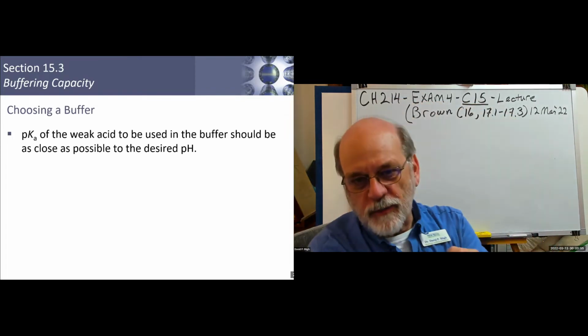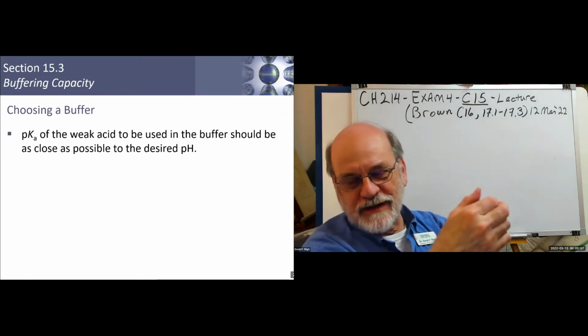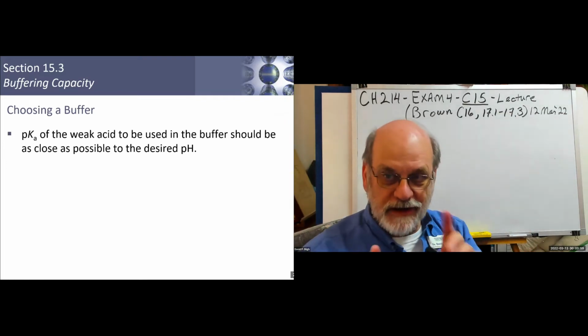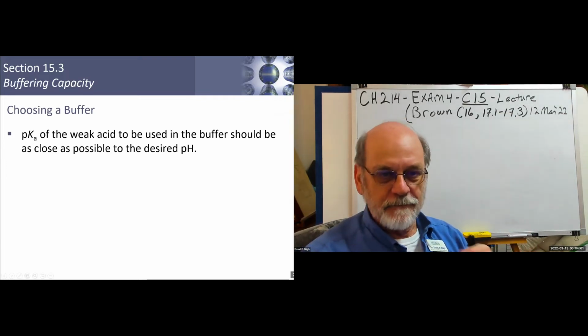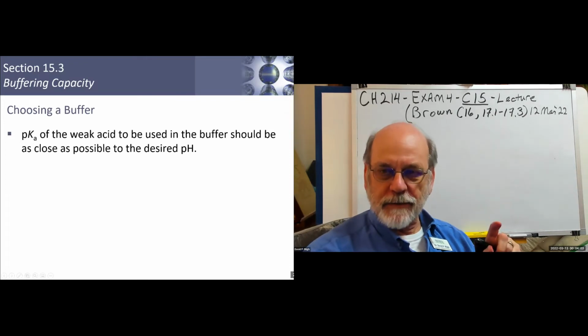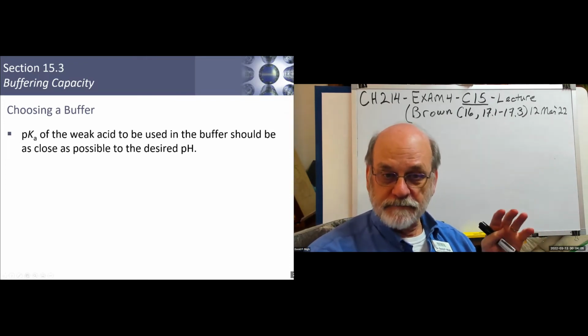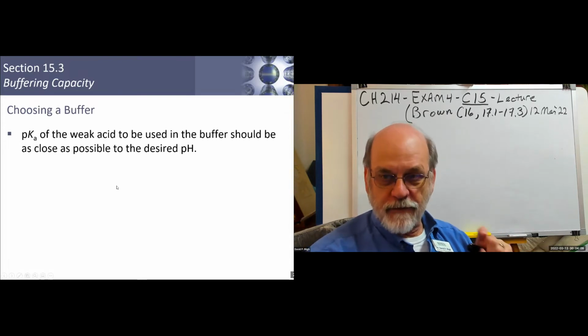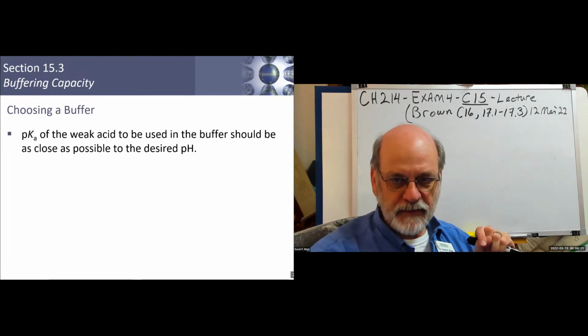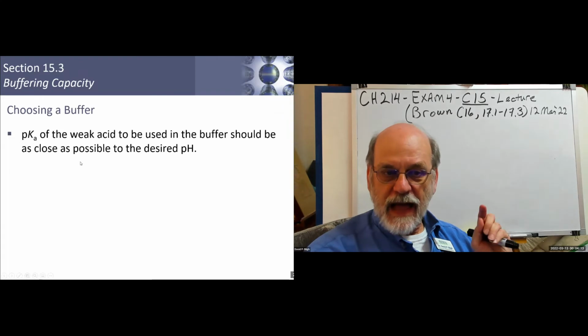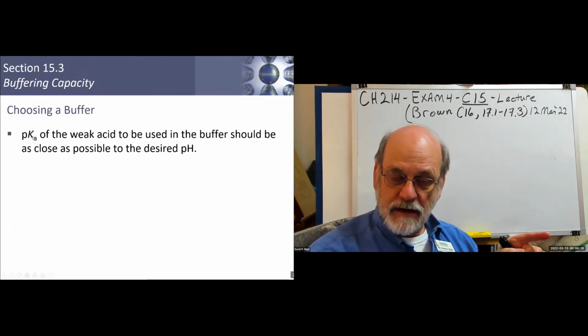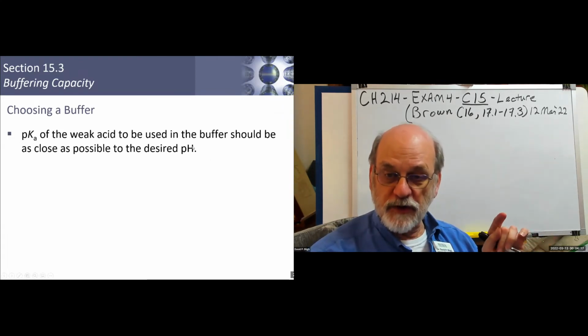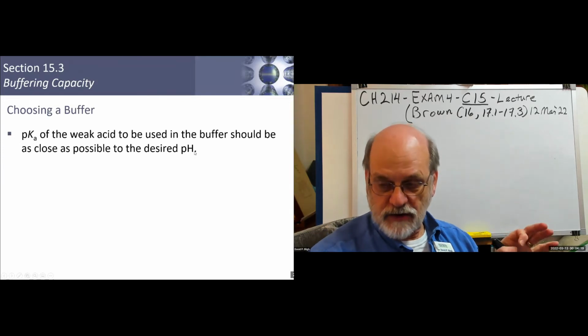So I won't draw the plot here because we're going to get it in a subsequent slide. Okay, so when we're choosing a weak acid to make a buffer, you focus on the pK for that weak acid. And the pK should be as close as possible to the desired pH.